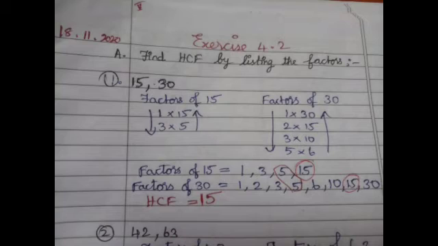So find the factors of 15. 1 15 is 15, 3 5s are 15. See the arrow mark. The factors are 1, 3, 5 and 15. Coming to the factors of 30. 1 30 is 30, 2 15s are 30, 3 10s are 30, 5 6s are 30.